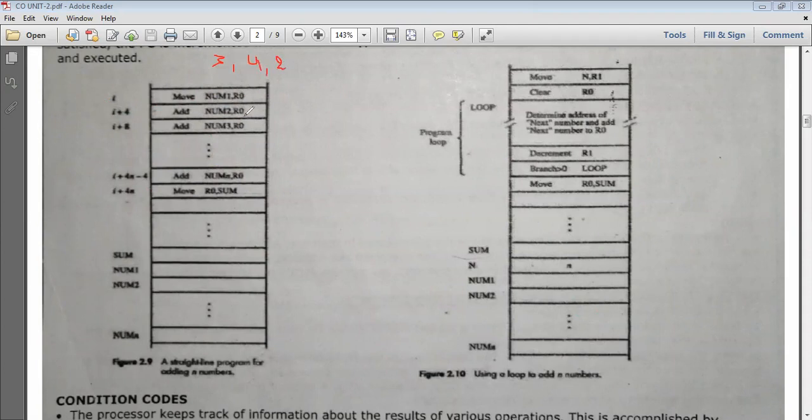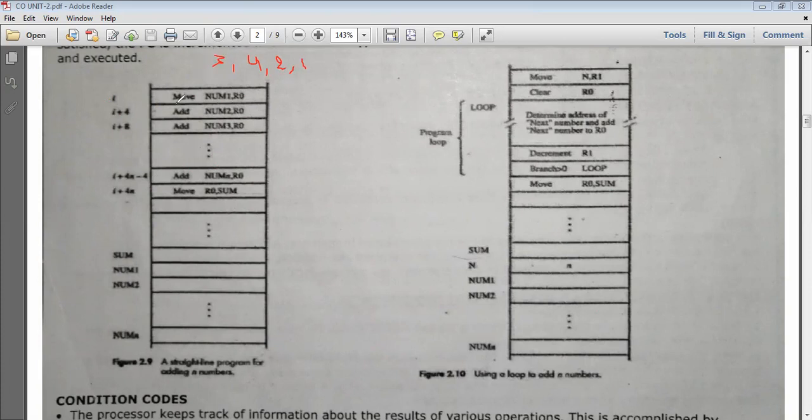Suppose we take another number also, 1. So in this way 4 numbers are there, and we need the addition of these 4 numbers. We are taking arbitrary numbers.